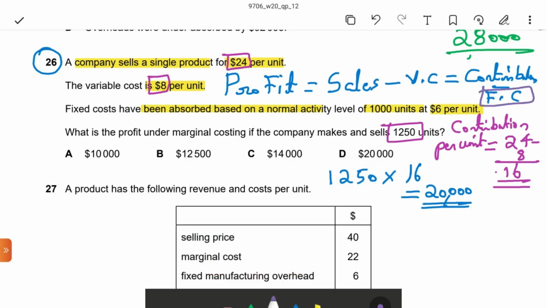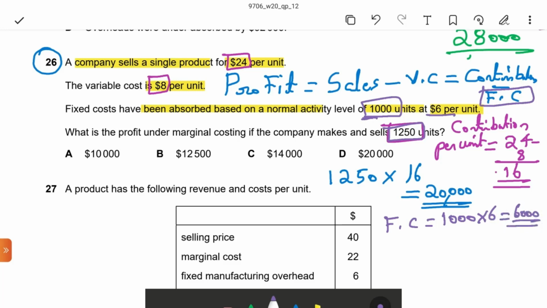So the fixed cost: the fixed cost is given for 1000 units at 6 per unit. Here we have 1250 units, but the fixed cost is calculated for each 1000 units, so we take only 1000 into 6. 6,000 is the fixed cost.